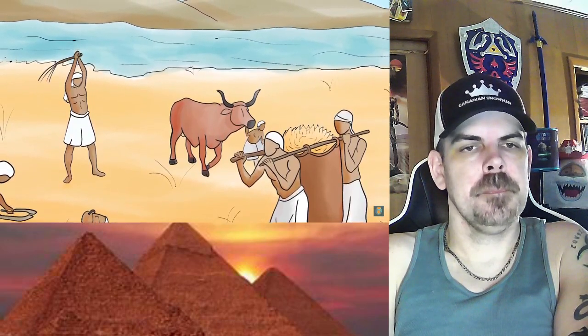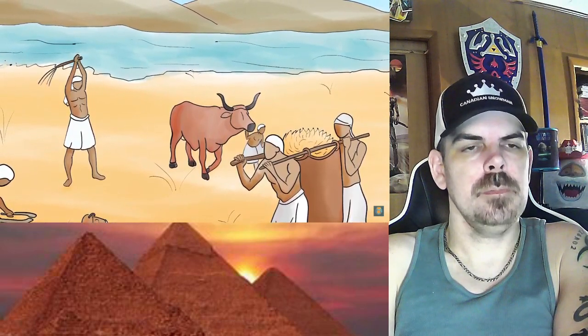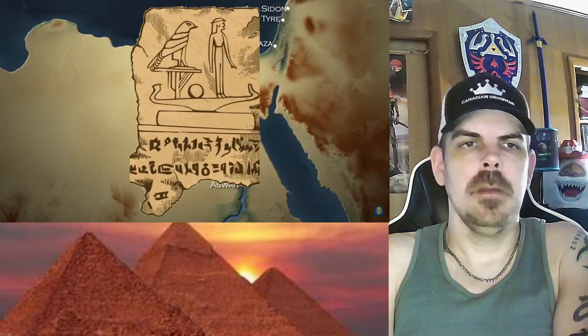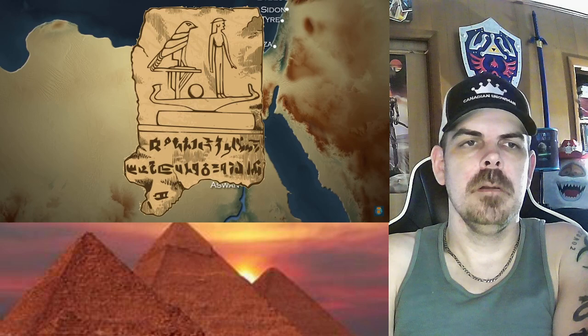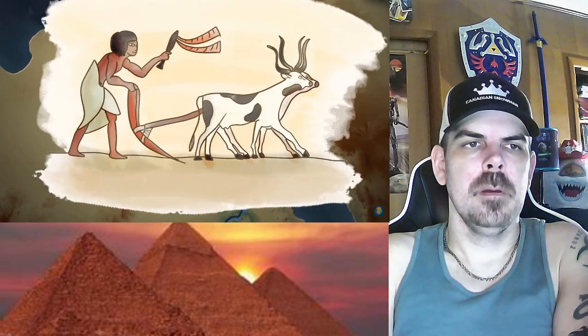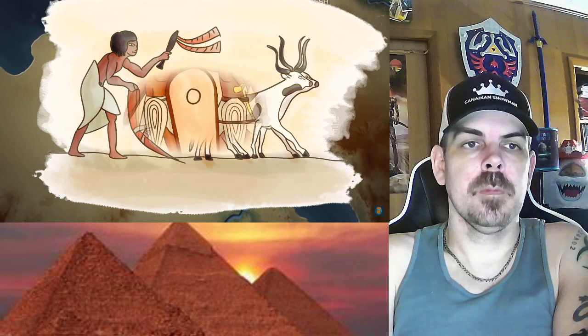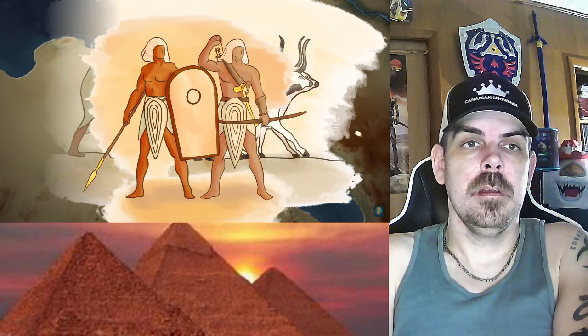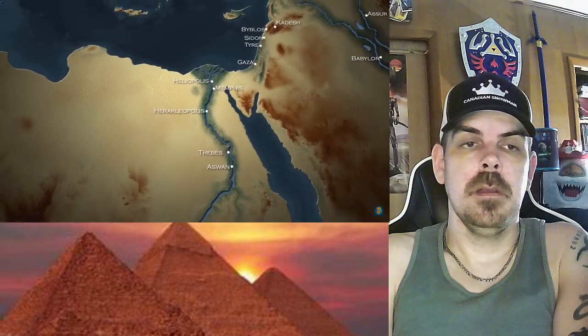The administration sponsored mineral exploitation of the valley and surrounding desert regions, the early development of an independent writing system, the organization of collective construction and agricultural projects, trade with surrounding regions, and a military intended to assert Egyptian dominance.